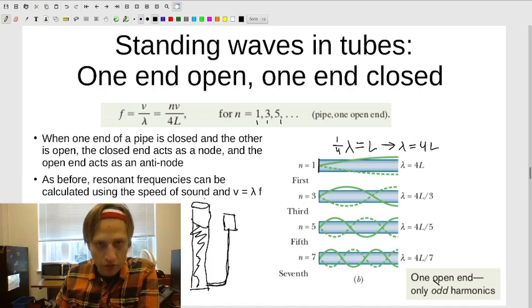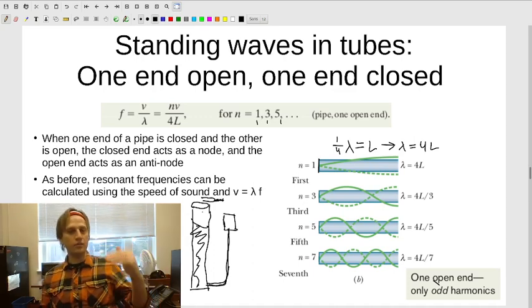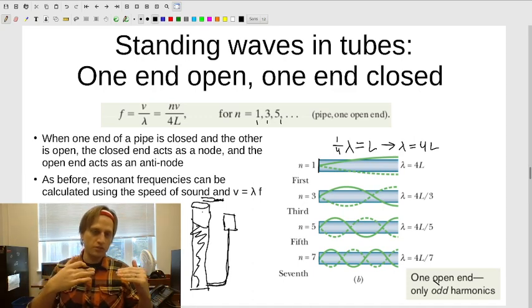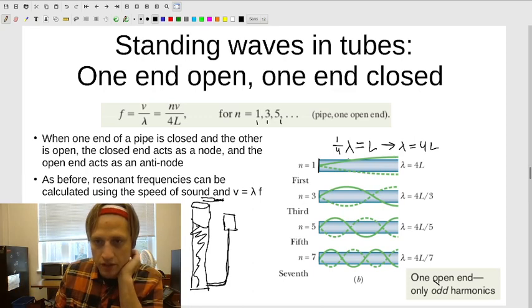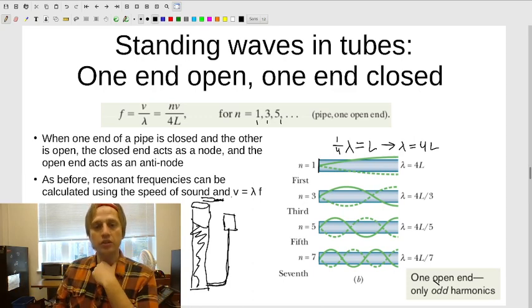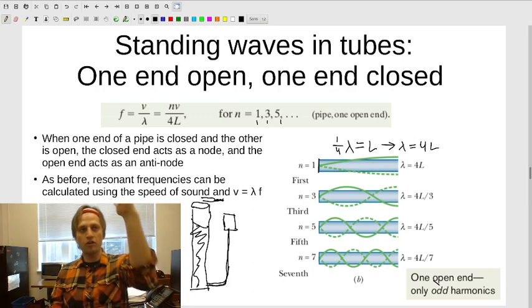And then what you do essentially is you bring a tuning fork to the top, and then you lower the cup, and as the cup goes down, the water starts to fall. And when the water gets to one of these resonant lengths, you can hear the sound get louder.